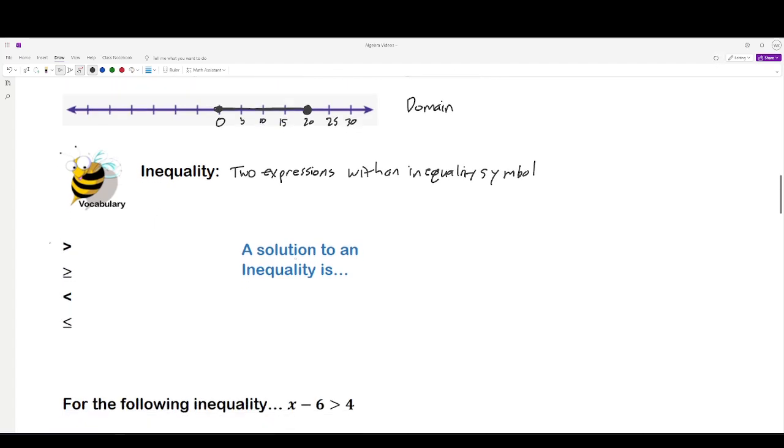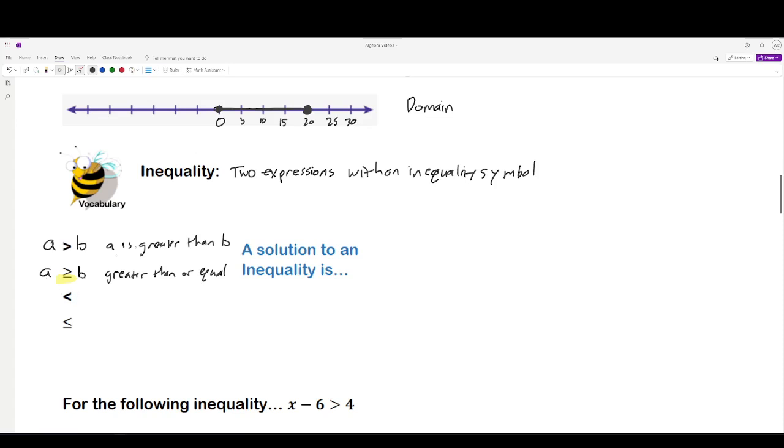If I have this and I say A and B, I read this as A is greater than B. If I read this one, A and B, it's A is greater than or equal to B. So when we add this little symbol underneath the inequality comparing symbol, that's basically part of an equal sign.